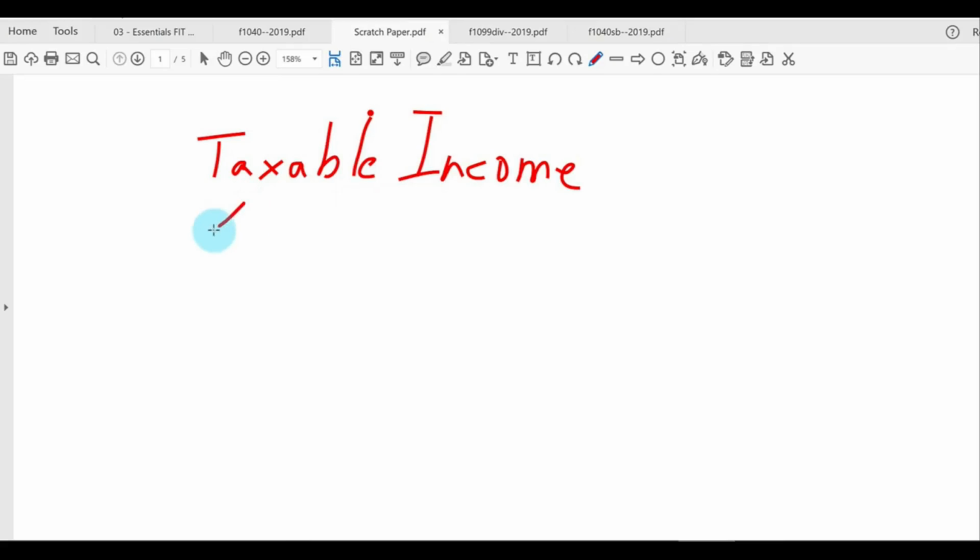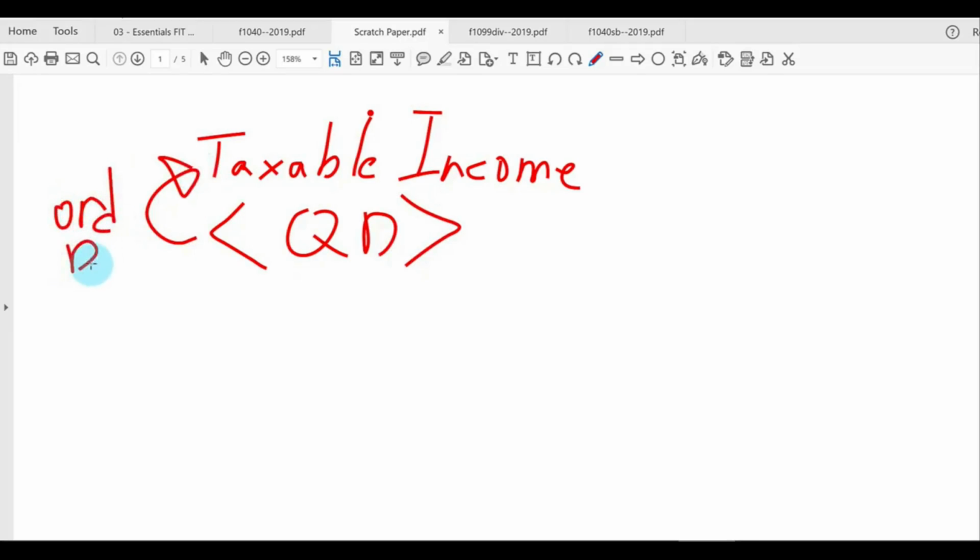Then what we're going to do is back out the qualified dividends. Remember that amount in the left-hand column? Again, this is already included in here through the ordinary dividend amount. Most times the ordinary dividend and the qualified dividend are going to be the same. Sometimes slightly different.